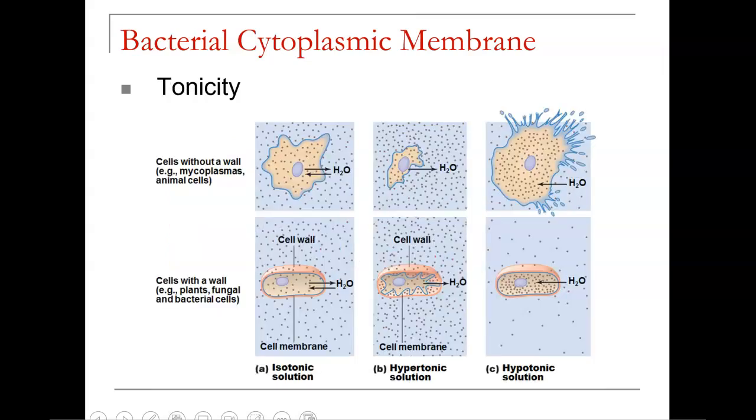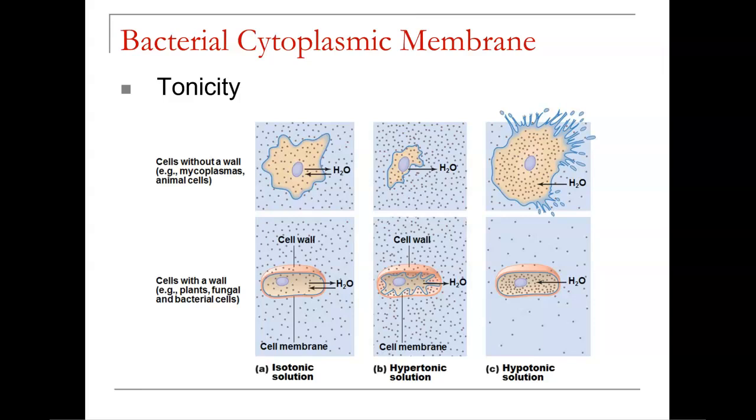And so here's what you're seeing with the actual small cell up top, and with what looks like a red blood cell almost, or some type of cell below. Actually, it's not a red blood cell, it has a cell wall. So this could be a plant or a fungal or bacterial cell below. So if there's going to be equal amounts of solutes inside and out, they keep their normal shape.